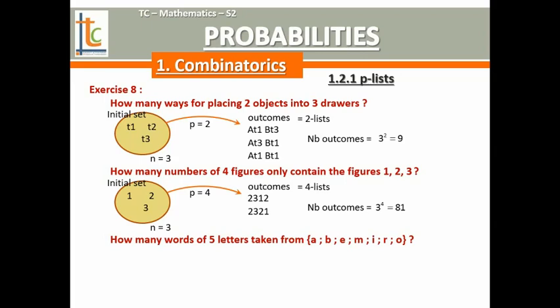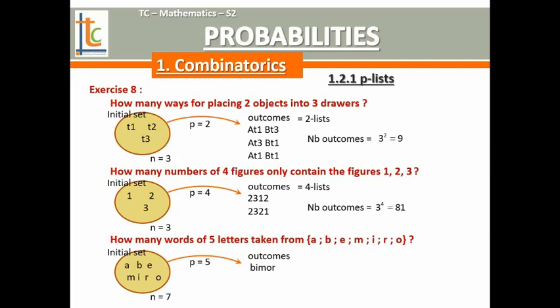Last question, how many words of 5 letters taken from A, B, E, M, I, R, O? You just have to take 5 letters from this initial set. And the most important here, as always, the questions of repetition and order. So let's take an example: BAMBI? This is a word of 5 letters taken from the initial set.